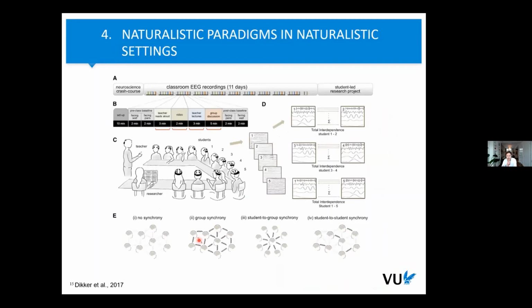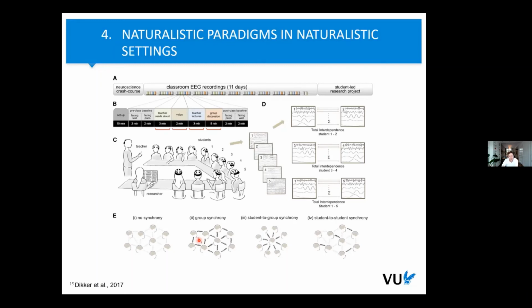And I think the most exciting example is a well-known study by now by Dikker and colleagues, where they studied this hyperscanning in 12 students during a whole semester. They had 11 recording days, and each day the students had 4 kinds of teaching activities.